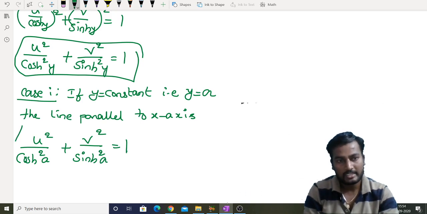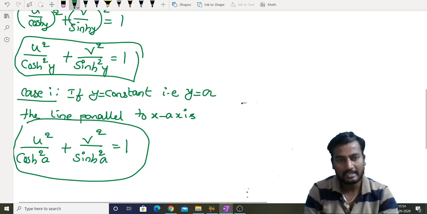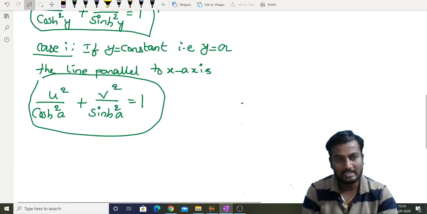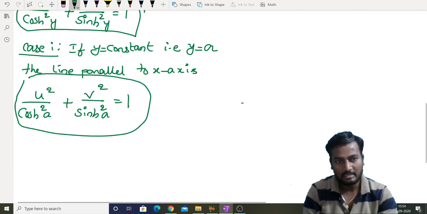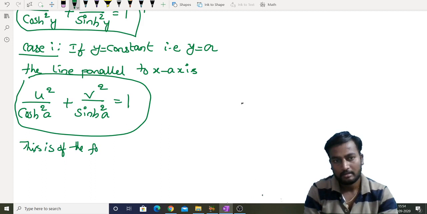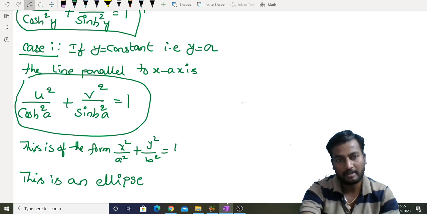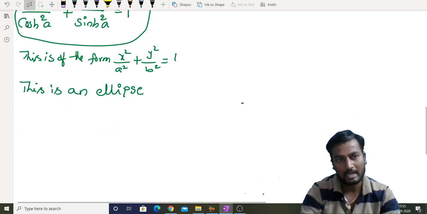Is it clear? So cosh square a and sinh square a are both some constants. That means this is of the form x square by a square plus y square by b square equal to 1. So this is nothing but an ellipse, because cosh square a and sinh square a are both constants.